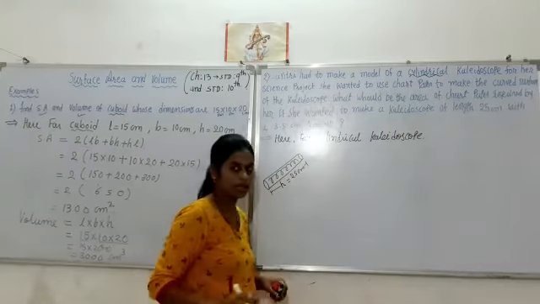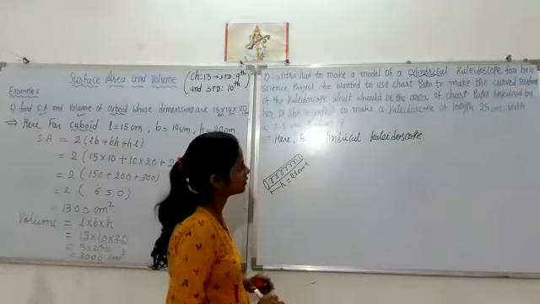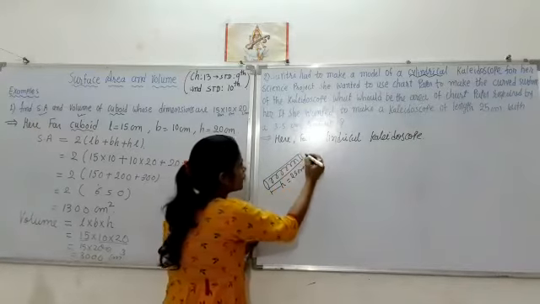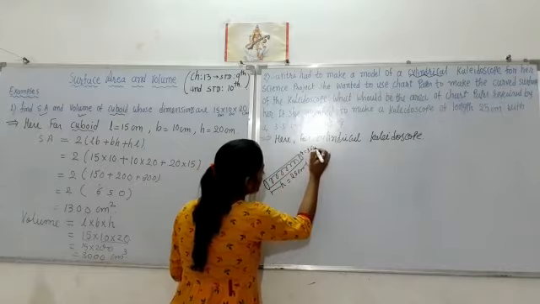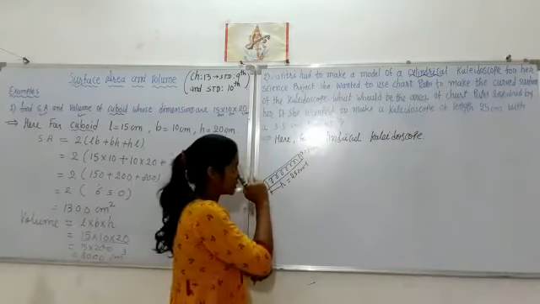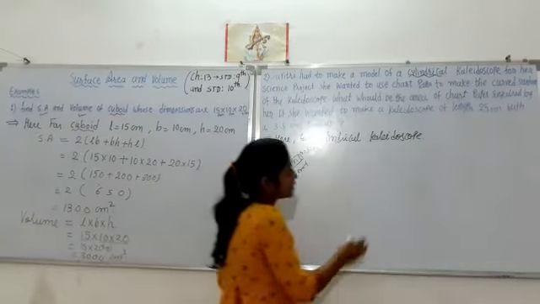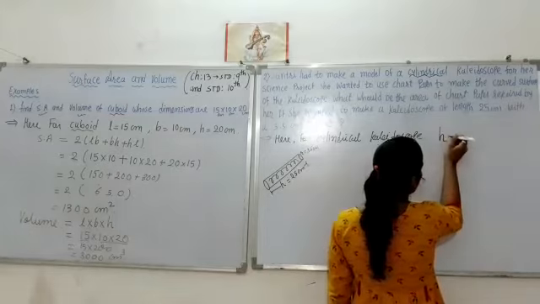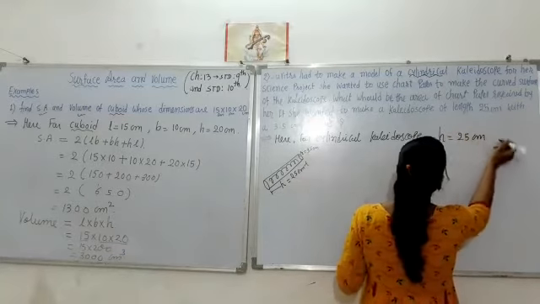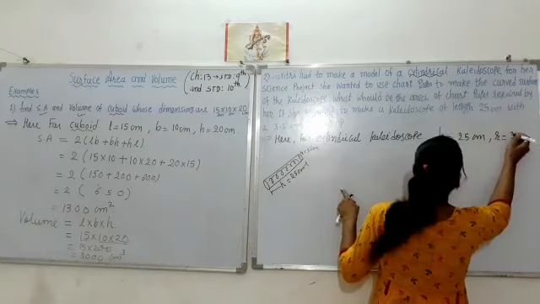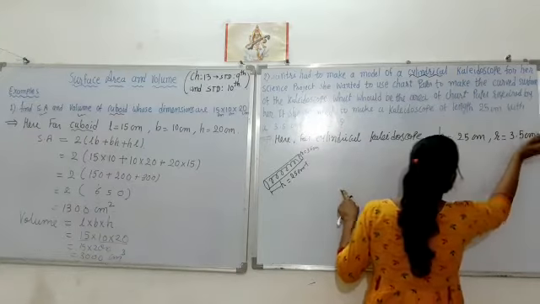So you write here h is 25 centimeter, with its radius 3.5 centimeter. So first of all you write for the cylindrical kaleidoscope, height is equal to 25 centimeter and radius is equal to 3.5 centimeter.